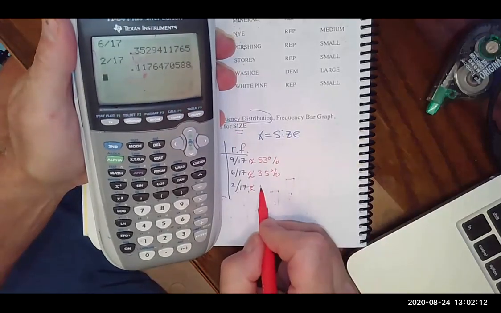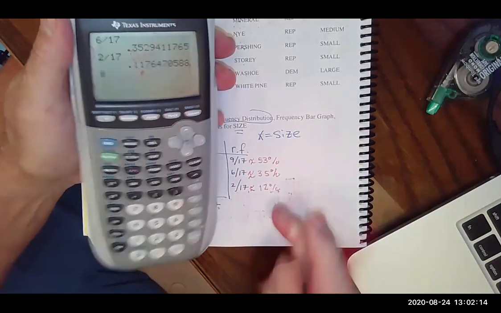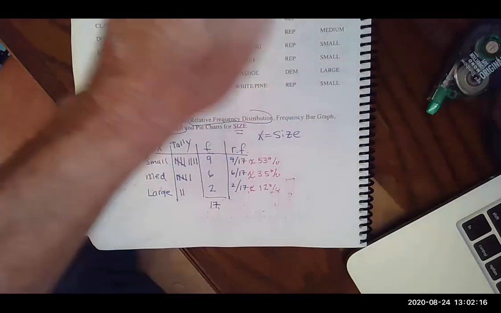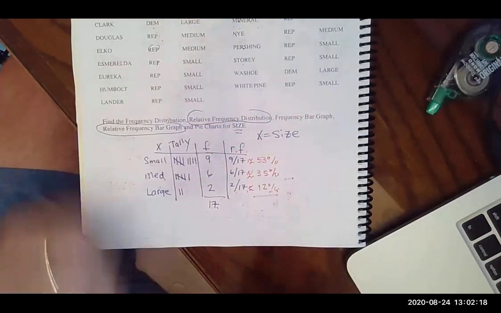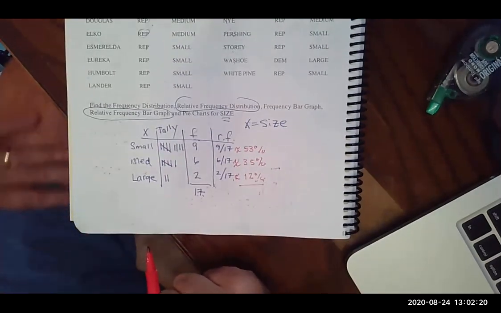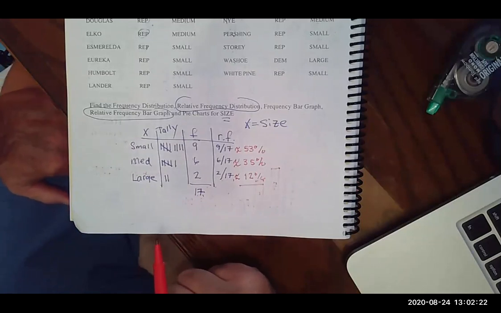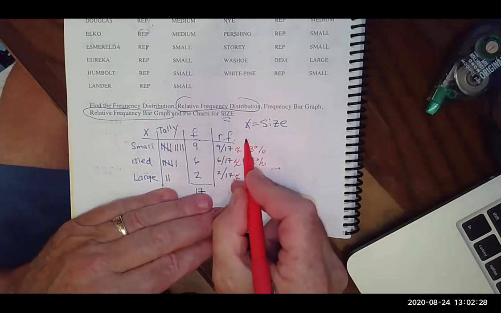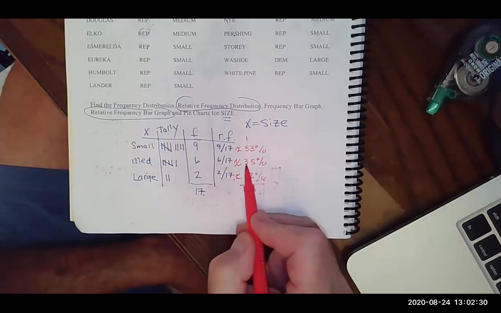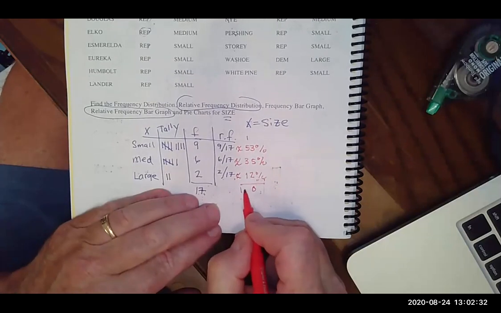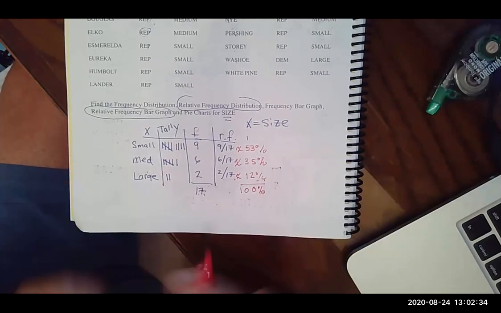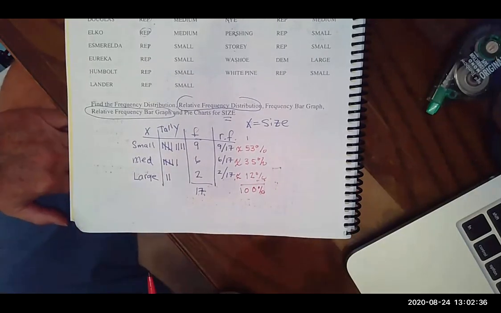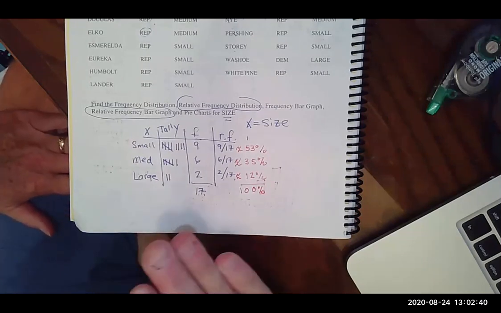So 12. Now, if I add this up, it better be 100%. Or, because I've rounded, it's going to be off a little bit. Let's see what I get. 8, 0, carry the 1, 6, 7, 8, 9, 10. Hey, I sort of got lucky, because sometimes if you start rounding, you're not going to get exactly 100, and that's okay. I'm all right with that.